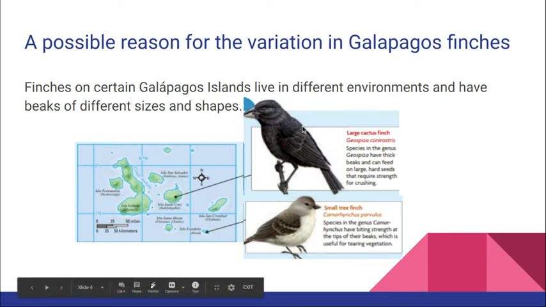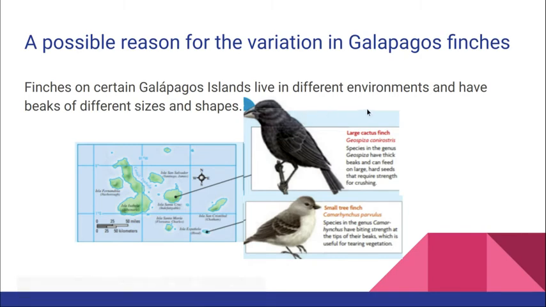That's because this large cactus finch comes from the genus Geospiza, which is going to have thicker beaks that are better for breaking thick seeds. If you think of an acorn, that's a very thick-shelled seed. In order for an organism to eat that, it would need a thick beak to break it.